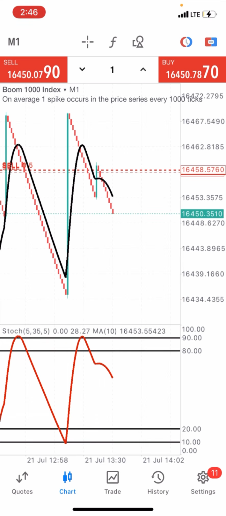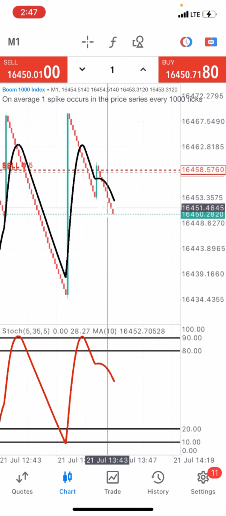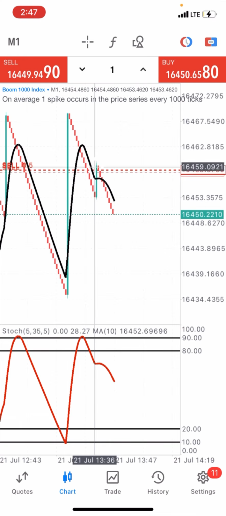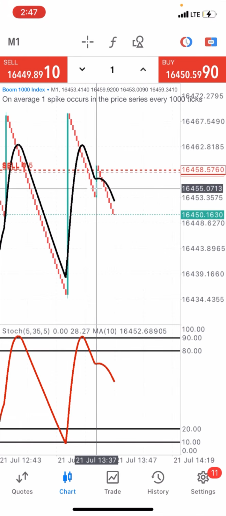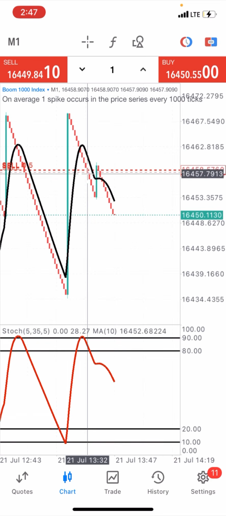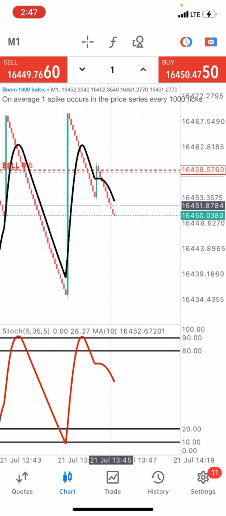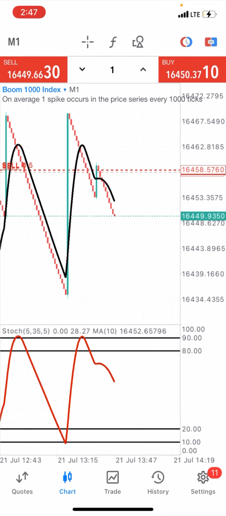Okay, so like I was saying, I'm going to explain how I came up with the entry, what prompted me to take this sell right here confidently. And even when we had this little spike, I was still so confident that the market is still going to go in my direction. You can see from my entry, you can count up to 1, 2, 3, 4, 5, 6, 7, 8 candlesticks just yet, right? 8 candlesticks is enough for me to just close some positions out.